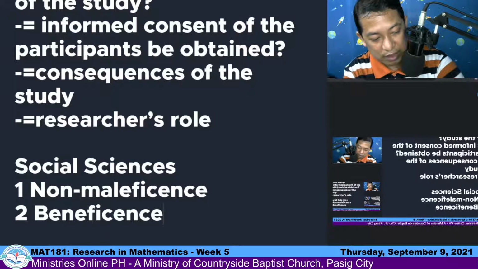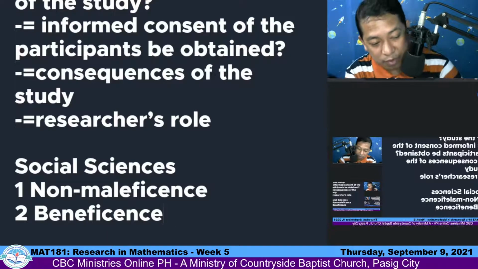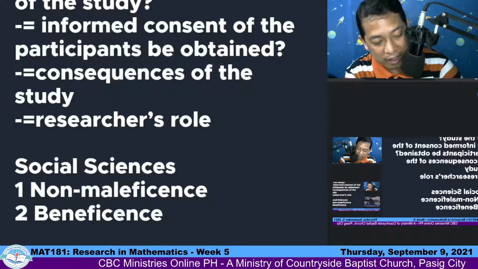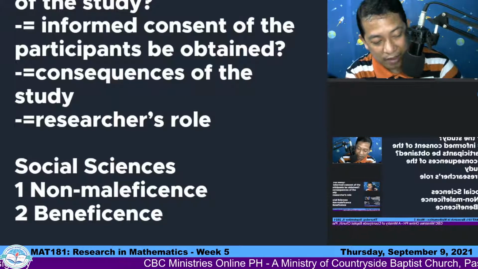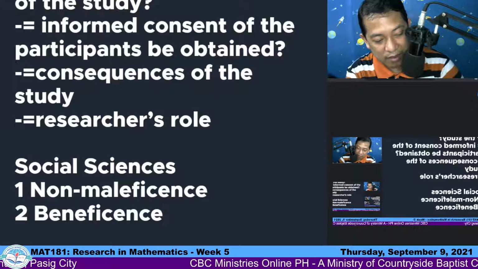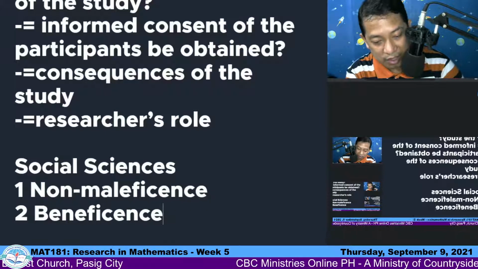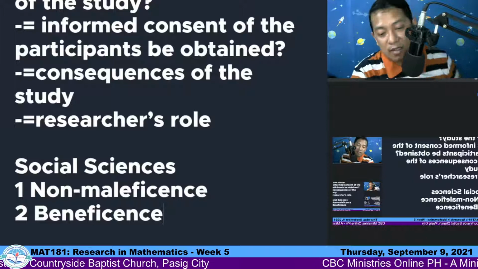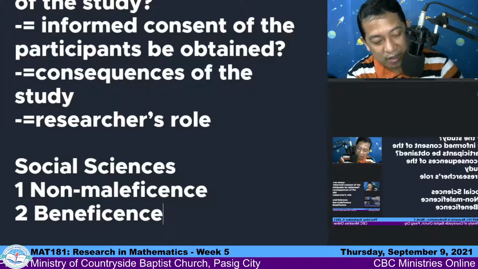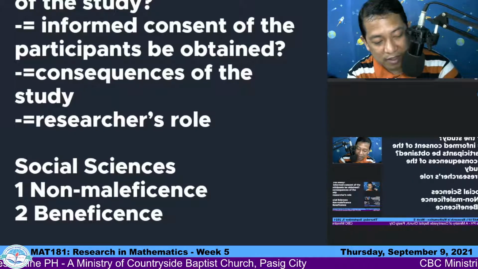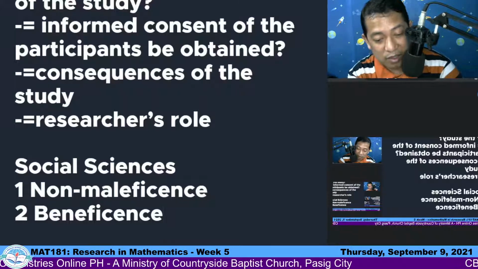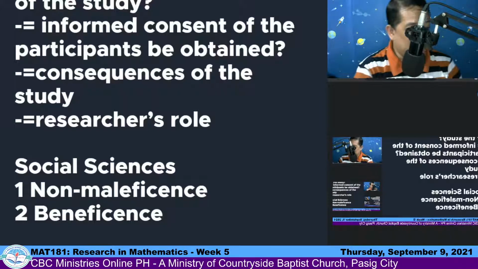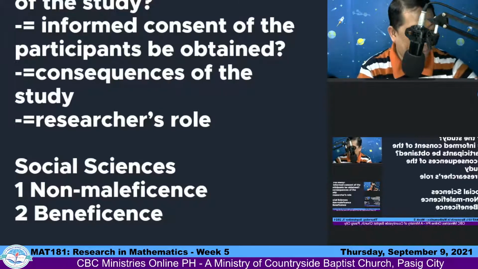So this is research on human subject should produce some positive and identifiable benefit rather than carried out for its own sake. Yan lang, for the sake of research lang. Hindi talaga nakapag-develop ng positive benefit doon sa respondents, doon sa mga beneficiaries.